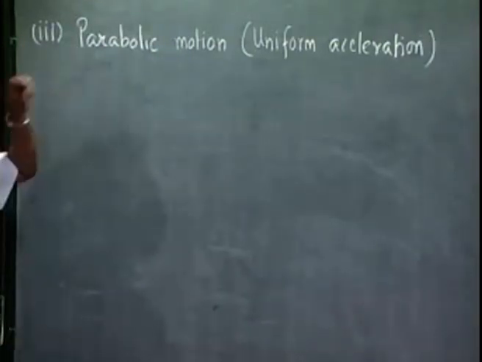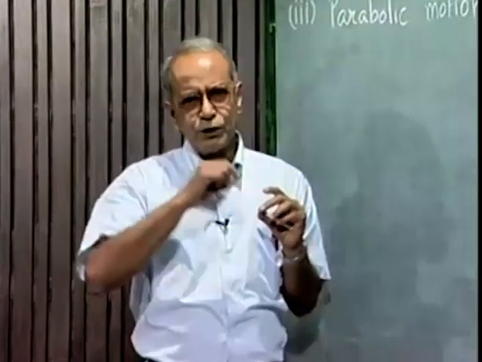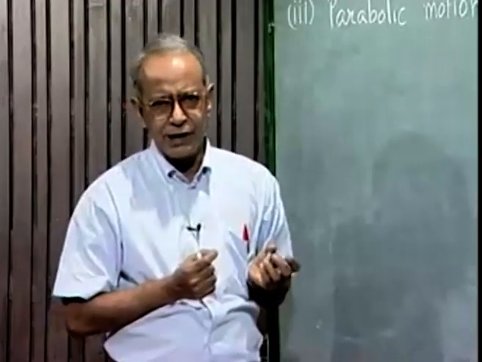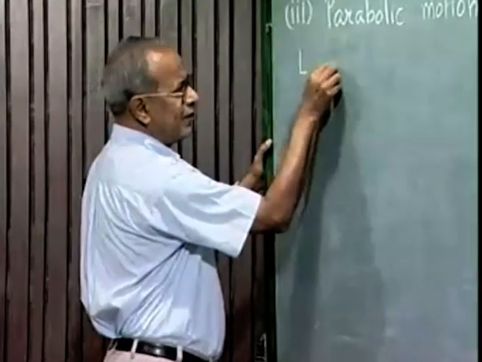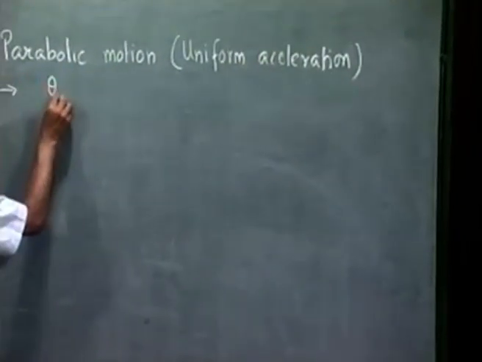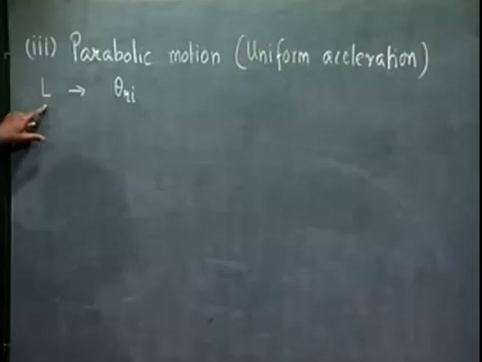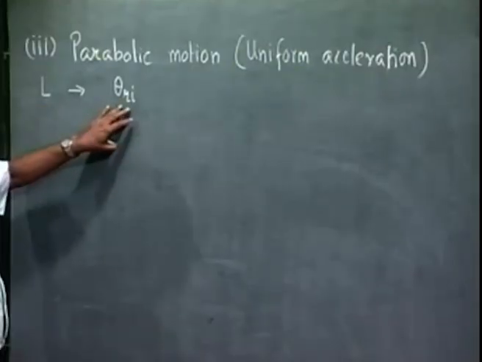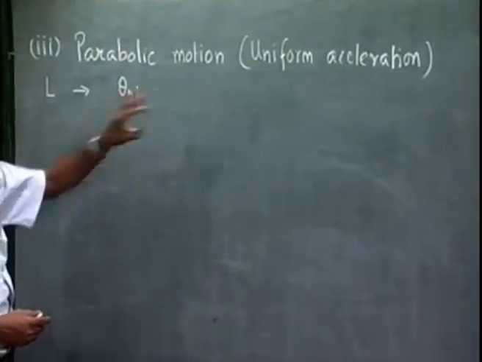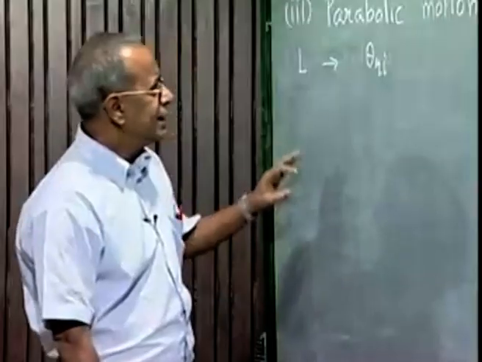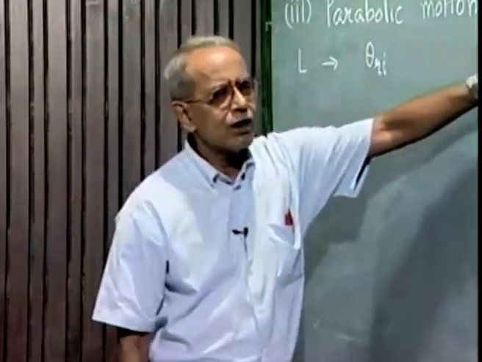Now, if we remember the school mechanics, because the follower is starting with 0 velocity and also finishing the end of the rise with 0 velocity, then if the given lift L has to be covered for a given value of theta Ri, which means for a given amount of time, because theta Ri is nothing but omega into t and omega is constant, then the maximum acceleration is minimum if it moves with constant acceleration.